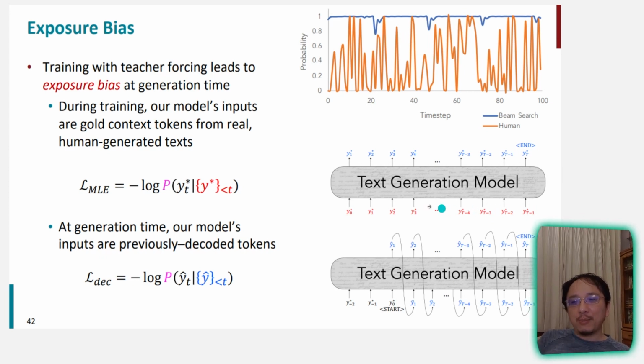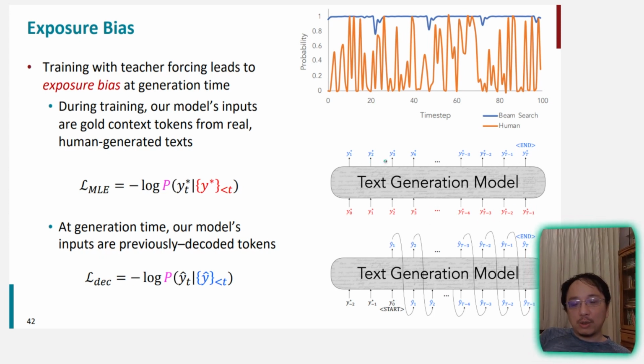In the training time, we feed it the ground truth sequence as an input. When in the testing or inference time, we don't have a ground truth, so we feed the output as the next input and so on.